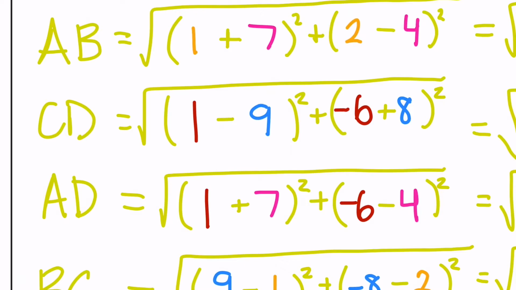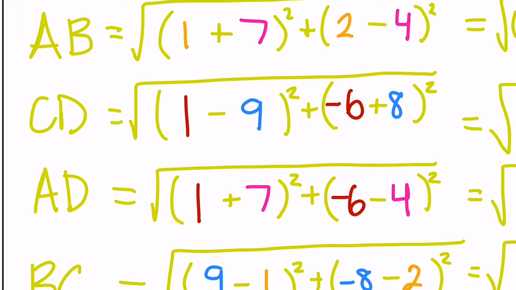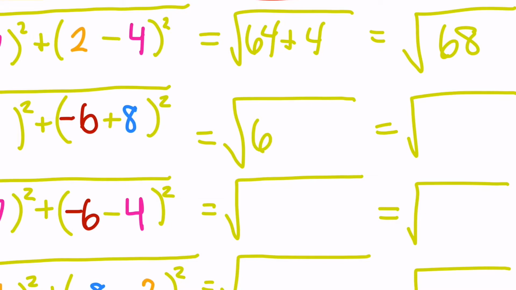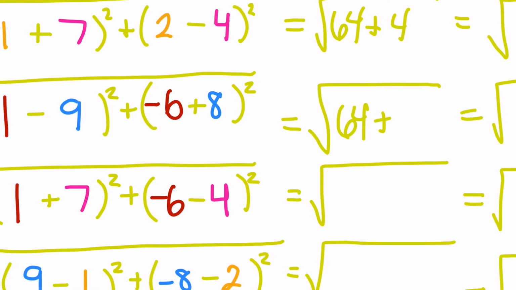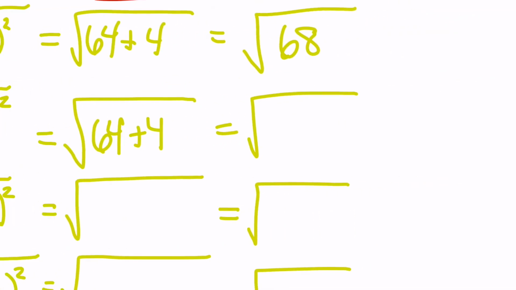Now I want to look at CD, using these 2 points up here. I have 1 minus 9, which is negative 8 squared, that's 64. And then I have negative 6 plus 8, which is 2 squared, which is 4. So I end up with the square root of 68 as well.